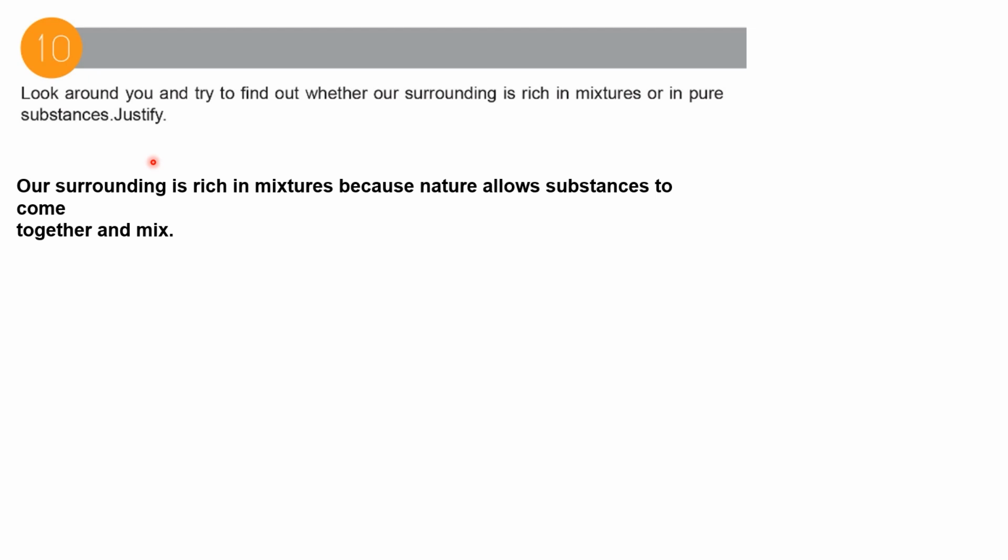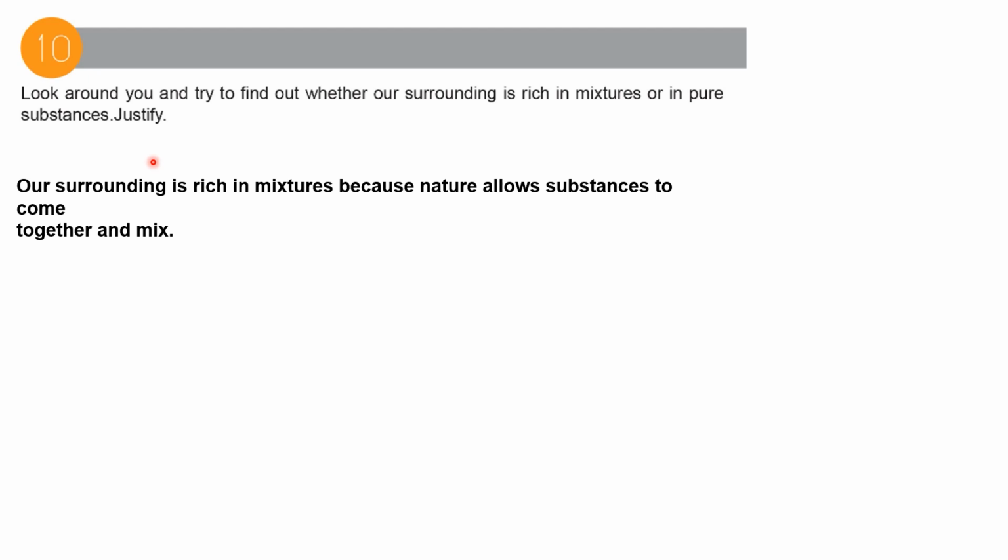For example, in nature there are many substances, solids, liquids, and gases. They naturally interact and form mixtures. For example, air is a mixture of gases like oxygen, nitrogen, carbon dioxide, and other gases. Also, we have soil.